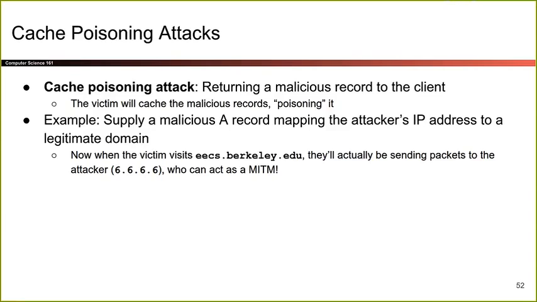So let's send packets meant for the domain to 6.6.6.6. And now the attacker is the man in the middle, because they can forward those packets to the legitimate server, get a response, modify it however they want, and bring it back. So they are now in between the server and the victim, and they can modify or drop packets as they want. This is an example of how cache poisoning could make you a full man-in-the-middle network attacker.